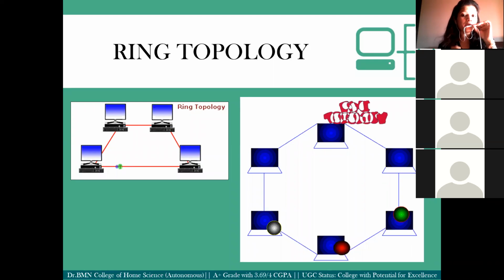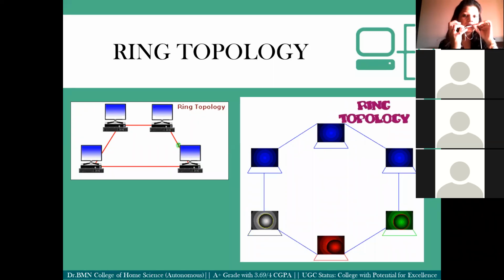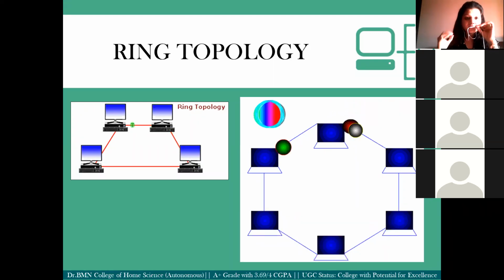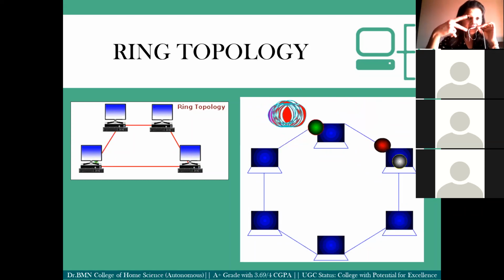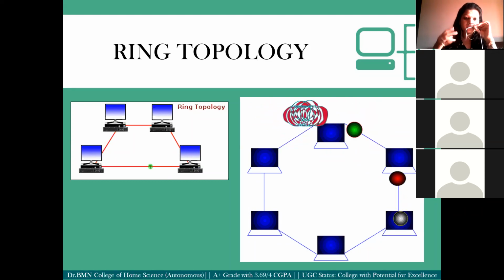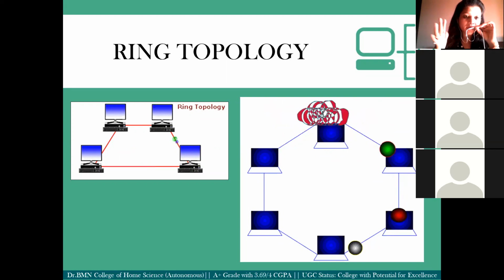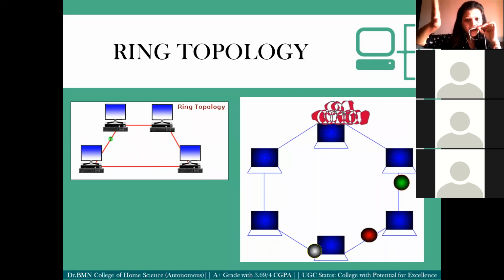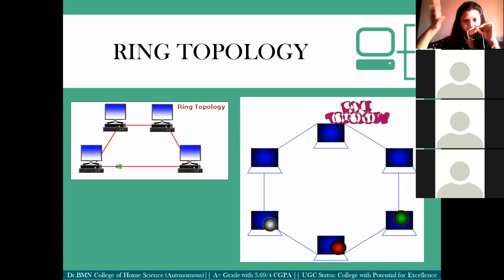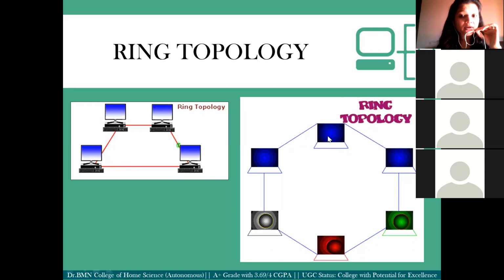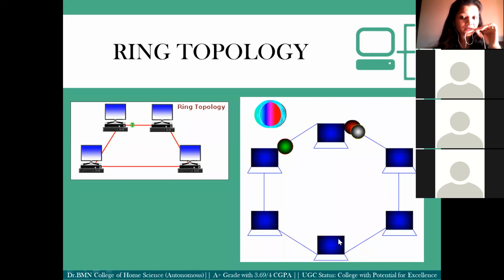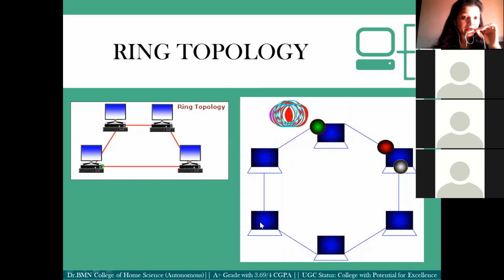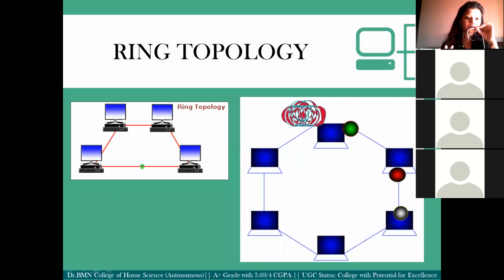The repeater will check the addresses mentioned in the data against its own address. If there is a match, I am the receiver. If the match is not happening, that means I have to pass the bits further. So every device will have a repeater to check whether I am the receiver or not.